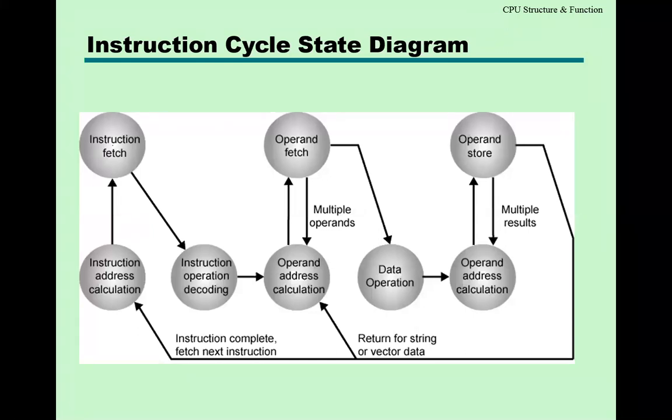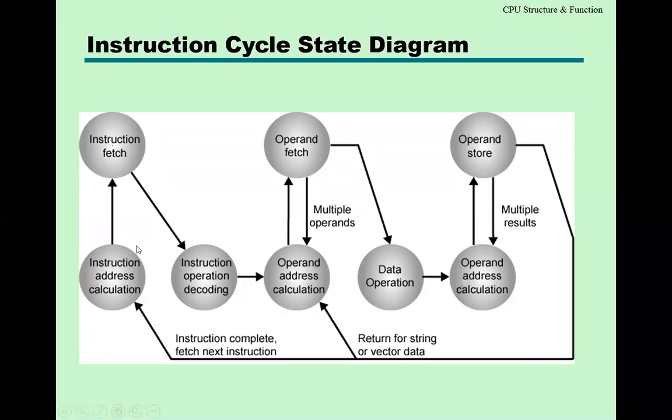Now you can easily understand this instruction cycle, if you understood the example and whatever we discussed in this topic. Okay, so now the first step is instruction address calculation.